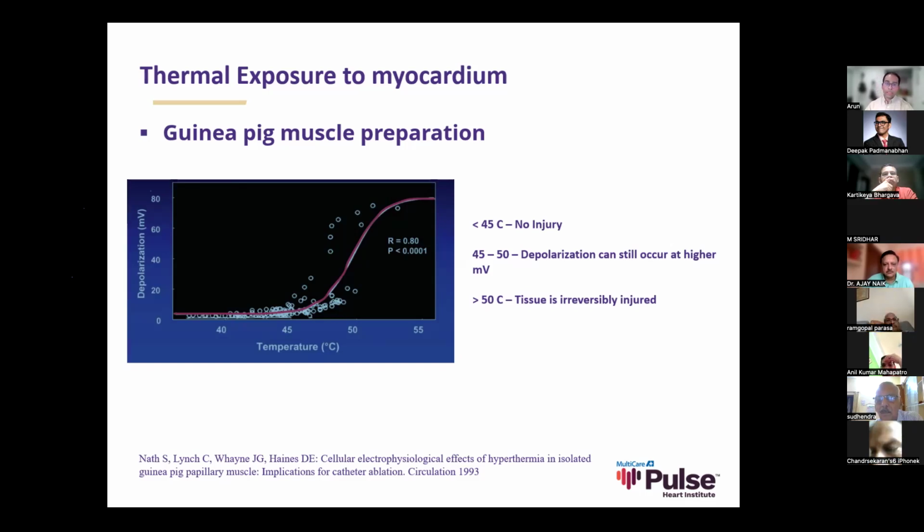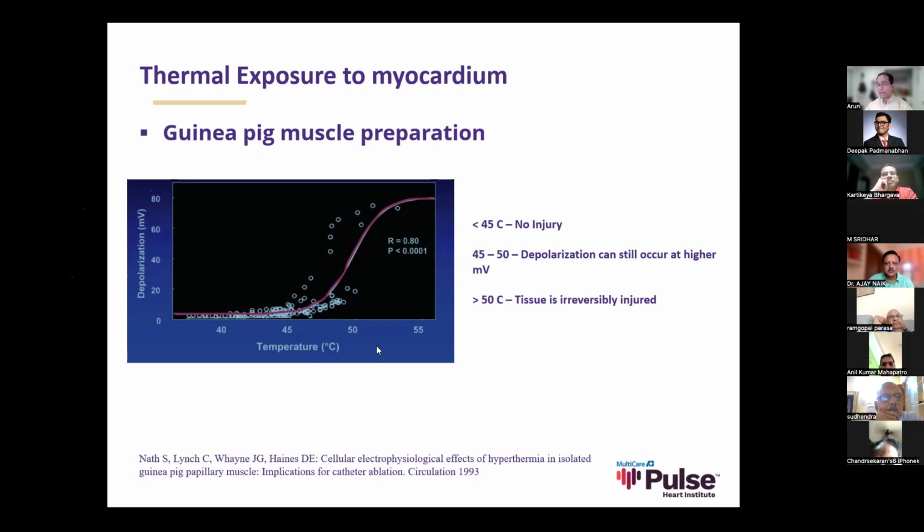You ablate and come back half an hour later or 1 day later, and the tissue is still non-reversibly injured. So the target tissue temperature we want is about 50 to 55 degrees Celsius. You can go up to 55 to be safe. If you achieve a tissue temperature of less than 50, you can create a lesion and think that it is good, but it can come back in a couple of days. This is the basic fundamental concept.